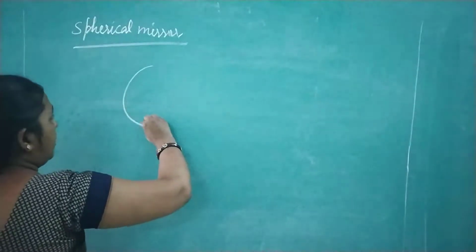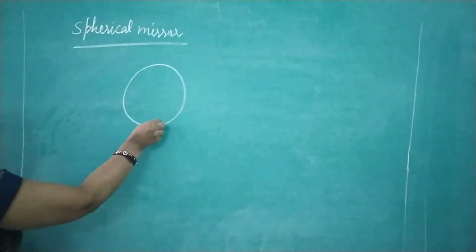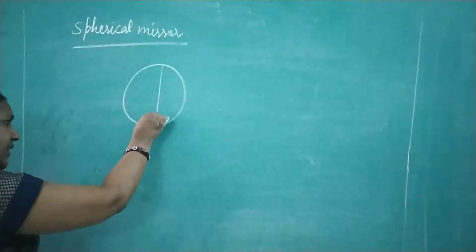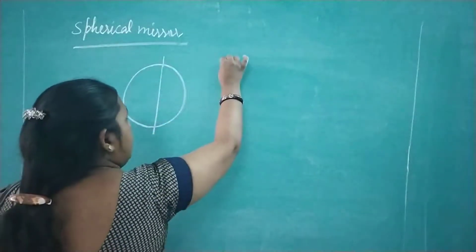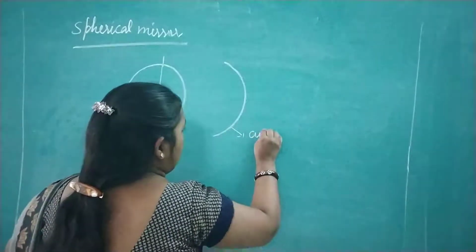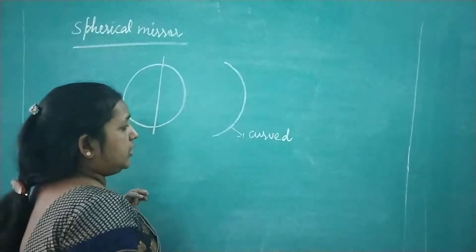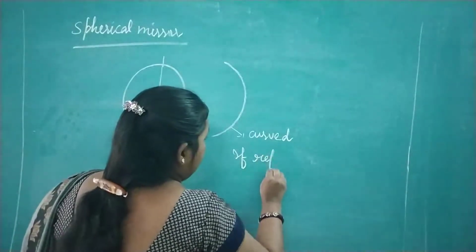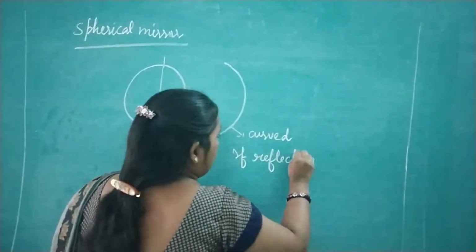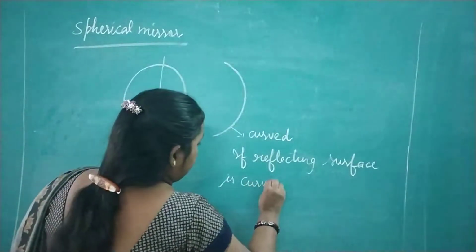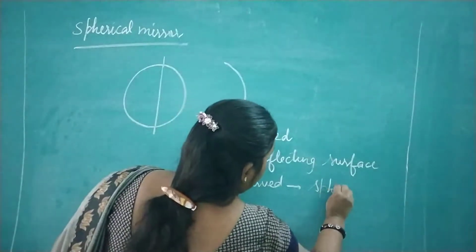As all of you know, if we have a ball made of glass, and we cut it like this, we obtain this part, which is curved in nature. If the reflecting surface is curved, then it is known as a spherical mirror.